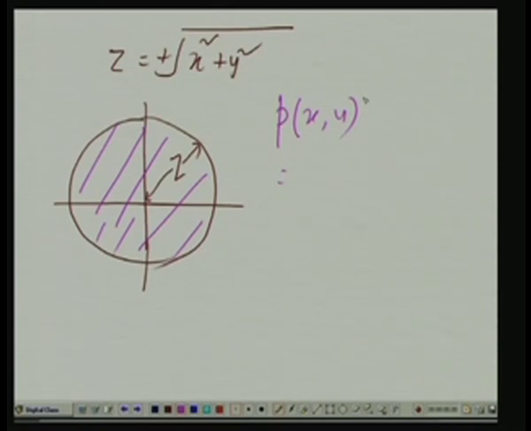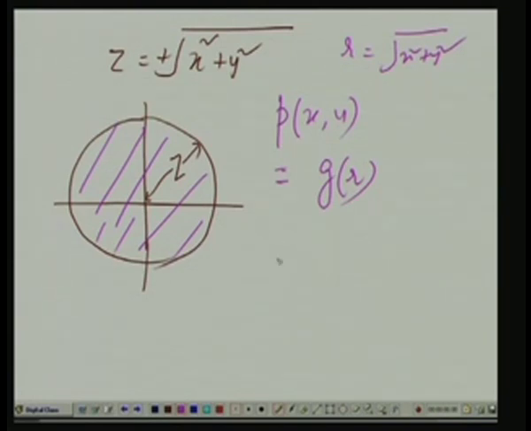It is a function of just the distance of the point x y from the origin, that is a function of r, where r is the square root of x square plus y square. We have seen this earlier. That means, if you take a circle of radius r, on each point on the circle the probability density is fixed. So, we call it G r. Okay.